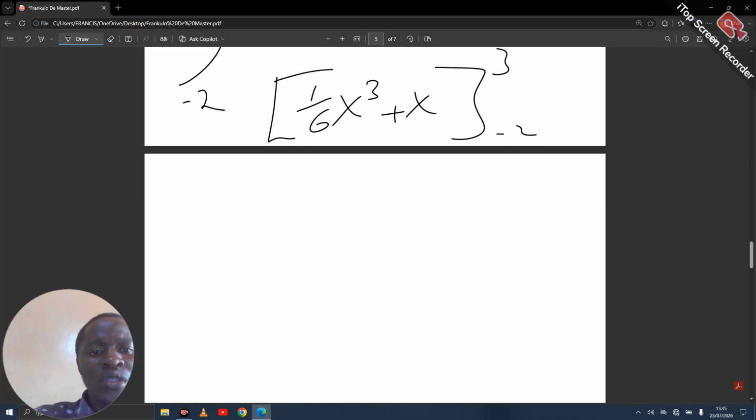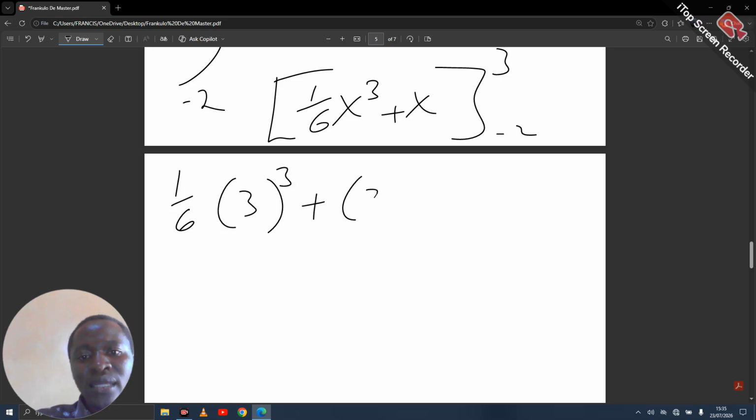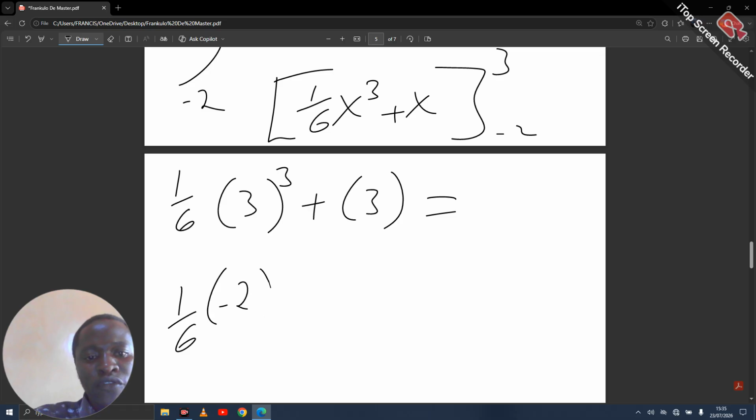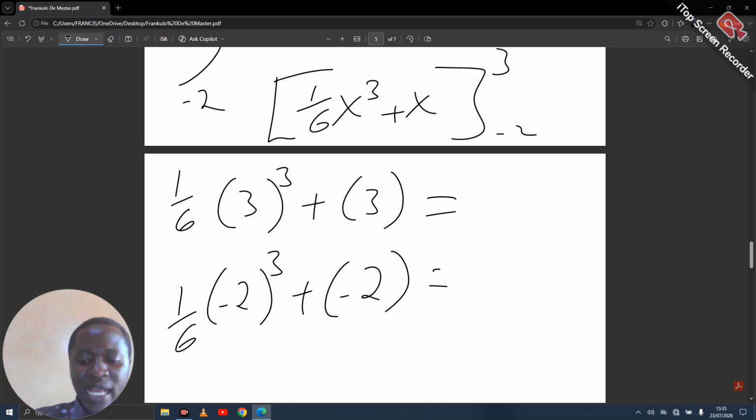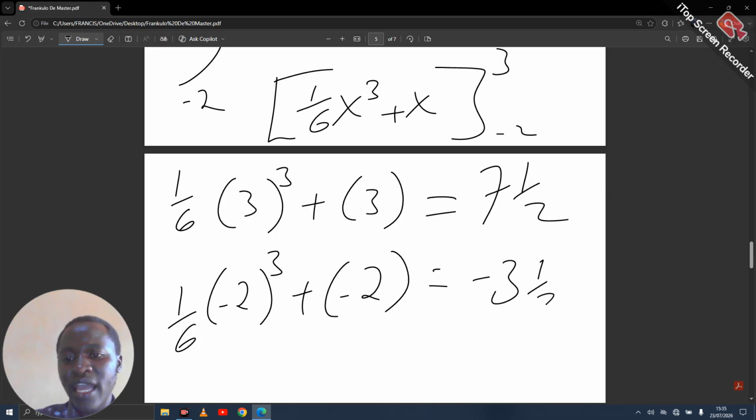So substitute a sixth into 3 cubed plus 3. Get the answer there. Then we have a sixth into -2 cubed plus -2. Get the answer there. So for this one, we are having 7.5, and for this one, we are having -3 and a third.